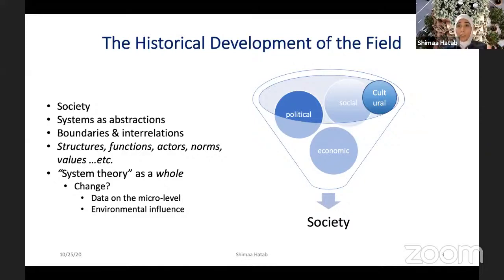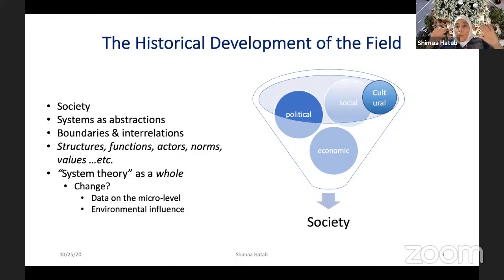So this is the society in its totality. The political system is an abstraction of this society, along with the social system, economic system and cultural system. This separation is kind of arbitrary for analytical purposes, but there is interconnectedness or interaction between these subsystems.